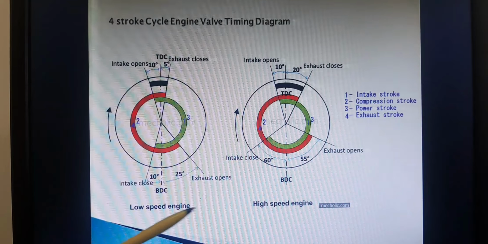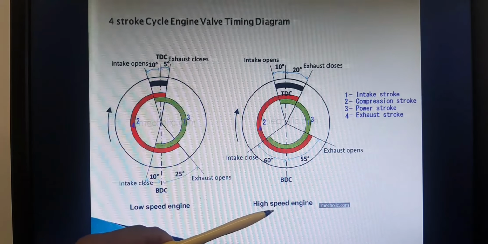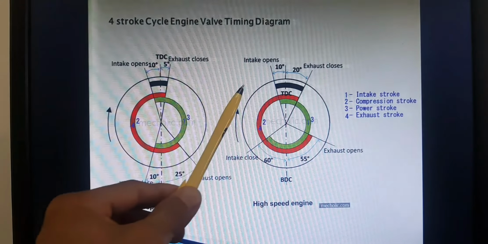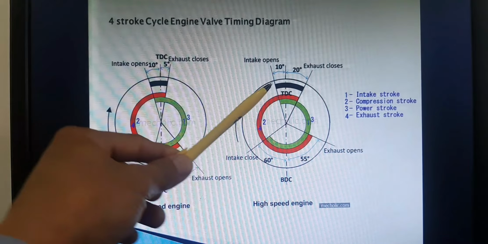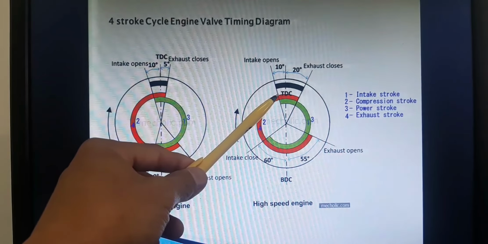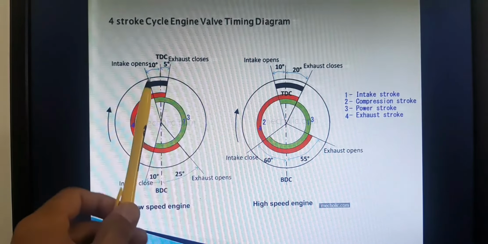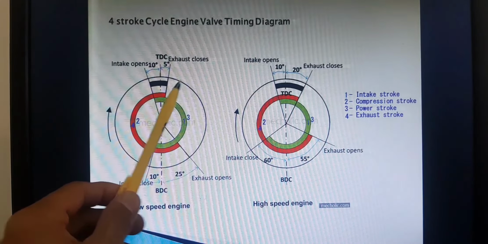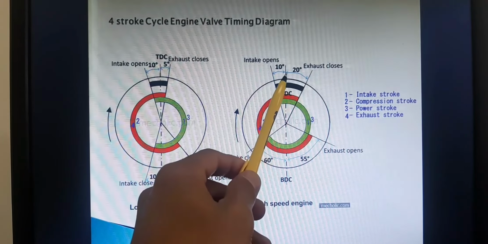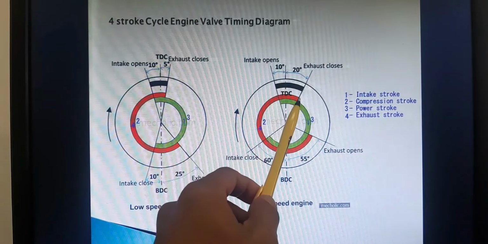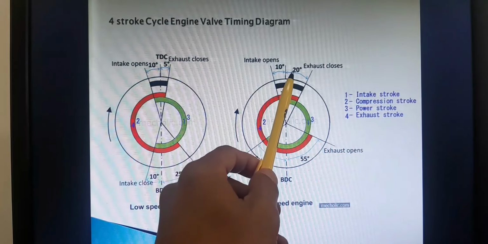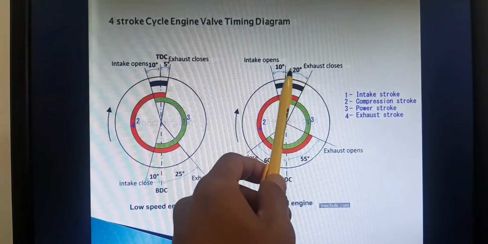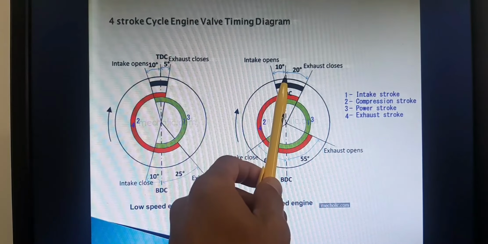So this is low speed and this is high speed. They have different angles at which the valves will close. The exhaust valve, at low speed, closes 5 degrees after TDC. But in high speed, the exhaust valve closes at 20 degrees after TDC.